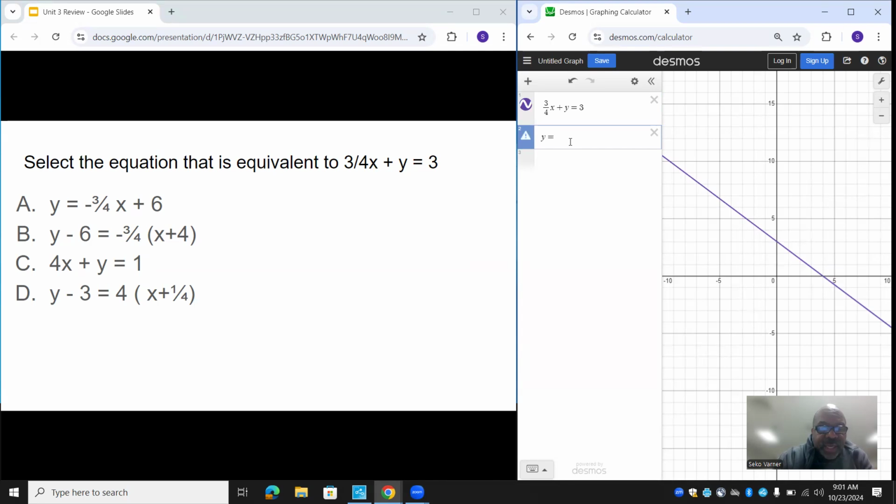y equals negative 3 divided by 4x plus 6. That's not equal. It's parallel. It has the same slope, but it's not equal. It's not overlapping. So it's not that one.